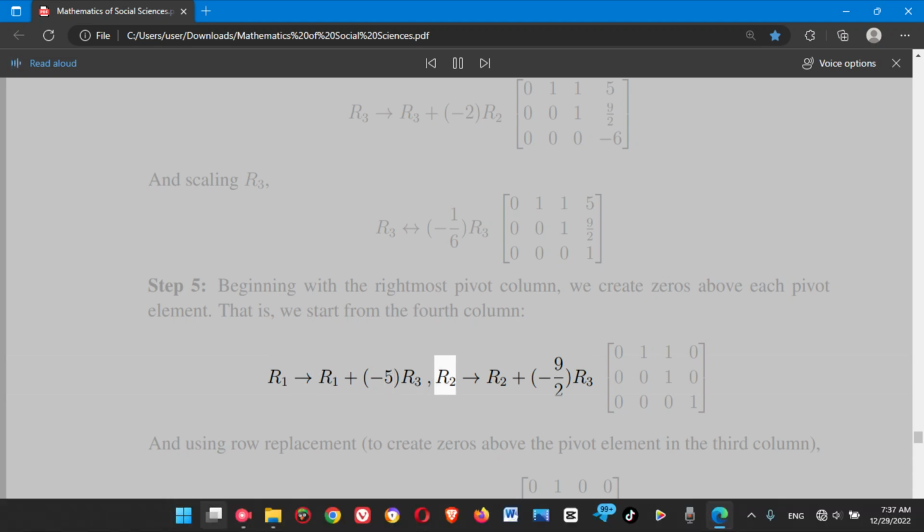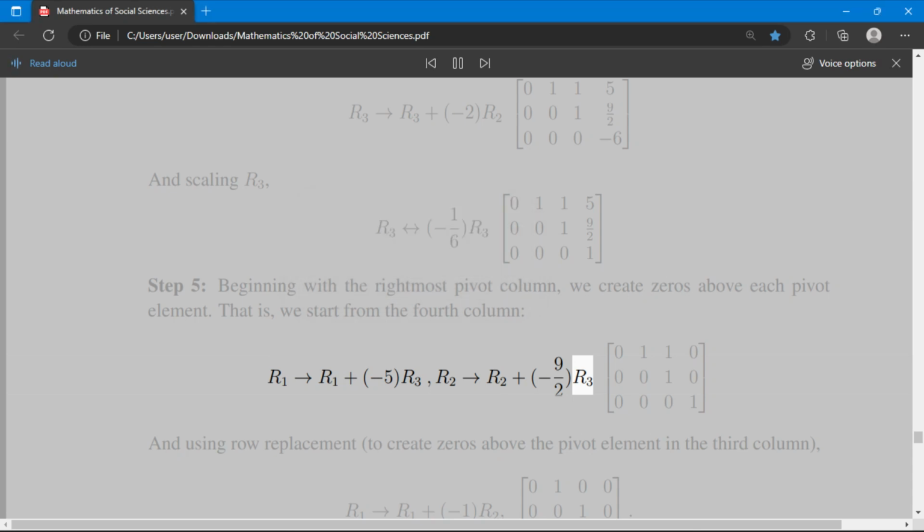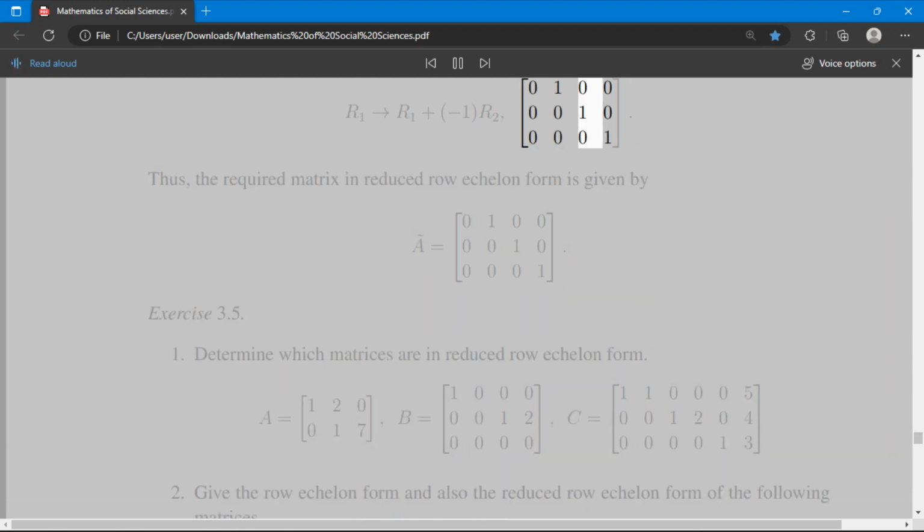R1 goes to R1 plus 5 R3, R2 goes to R2 plus 9/2 R3, giving 011000100001, and using row replacement to create zeros above the pivot element in the third column, R1 goes to R1 plus 1 R2, giving 010000100001.